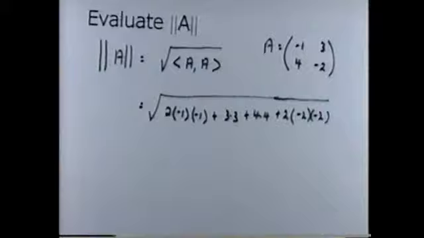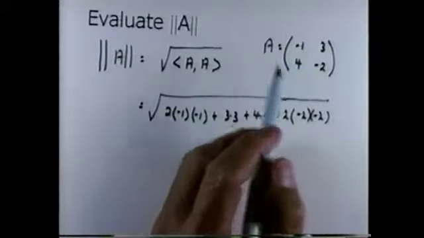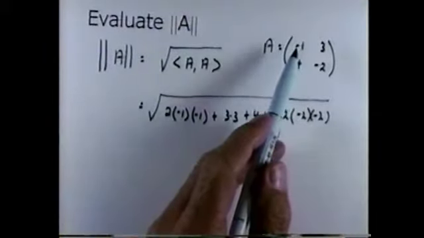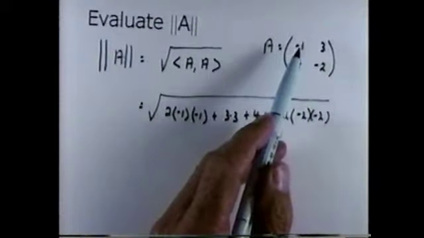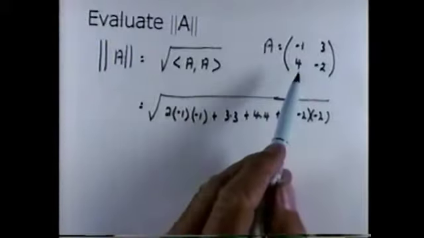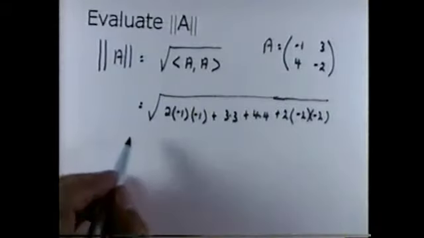That's using the inner product that we defined in the previous example: 2 times A11 B11 plus A12 B12 plus A21 B21 plus 2 times A22 B22.